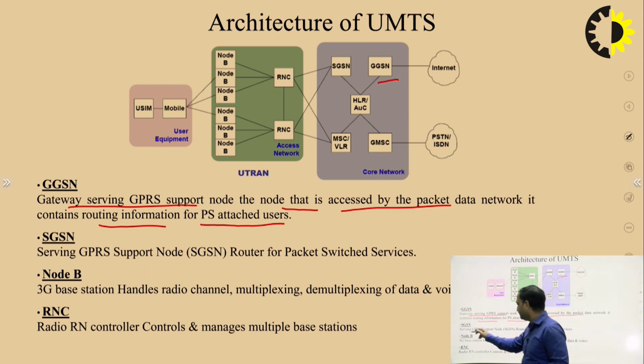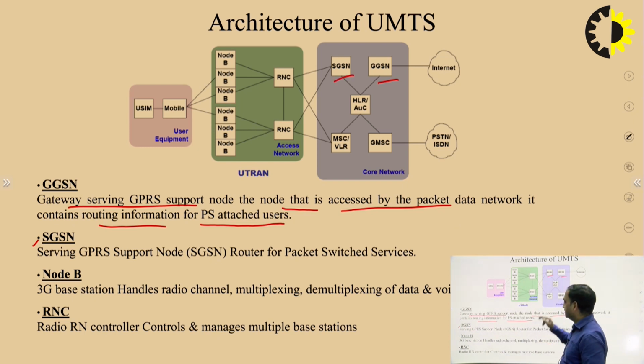Okay. Then we have the SGSN, the serving GPRS support node, which is a router kind of thing, where the packet switch services are handled, which routes the information from one user to another user to make the connection.